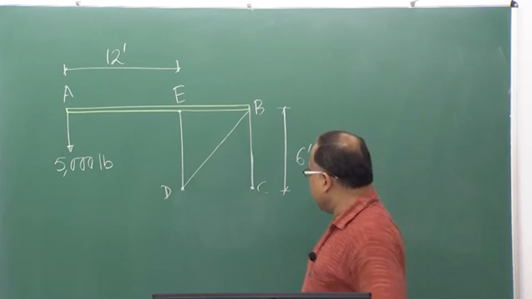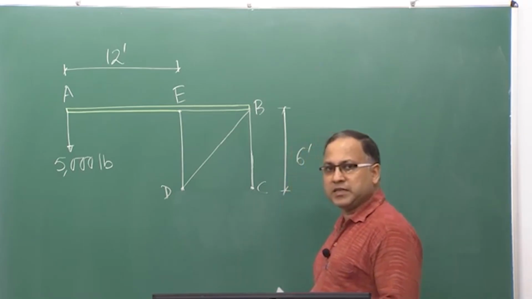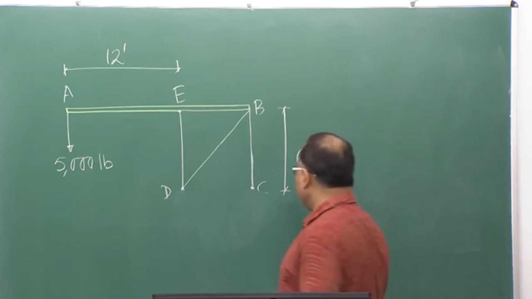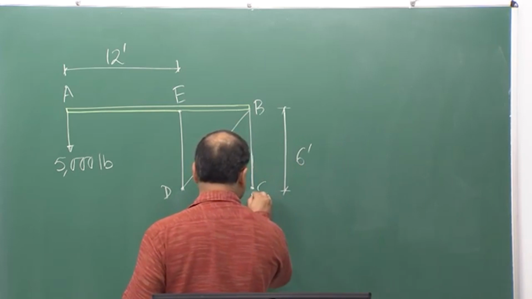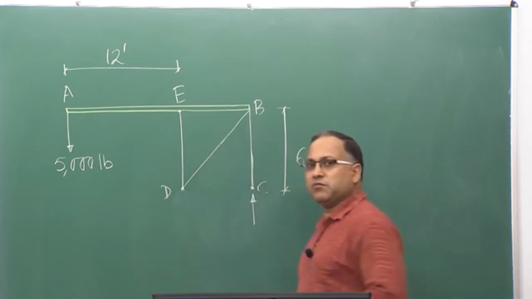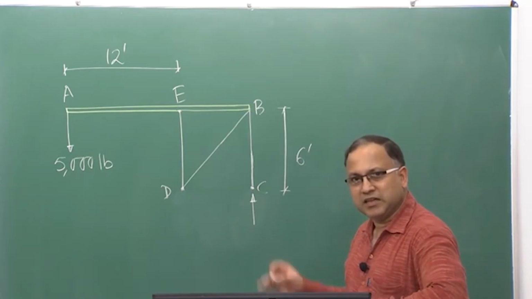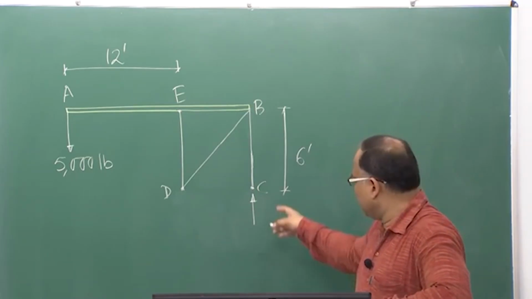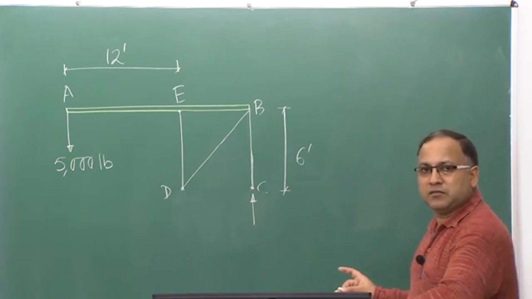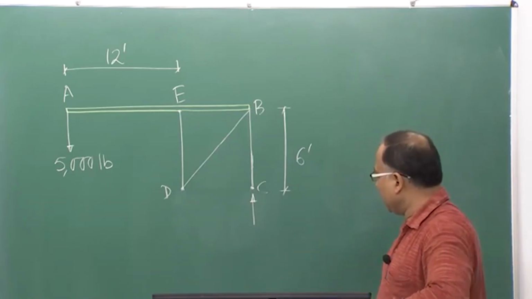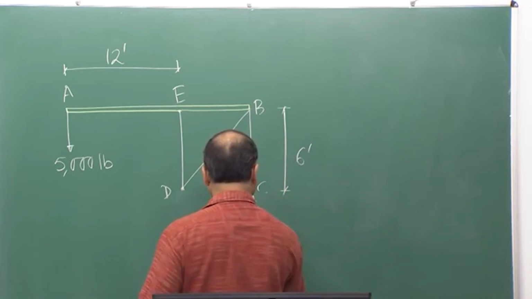Therefore, the reaction developed at point C will be simply vertical. We are not going to discuss much about this, because we have already discussed in detail why you will be getting only the vertical reaction. Let me call it RC.